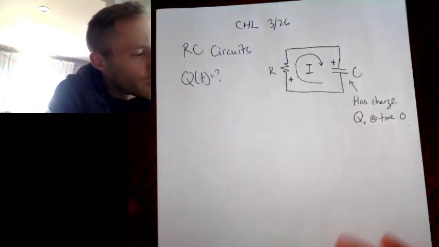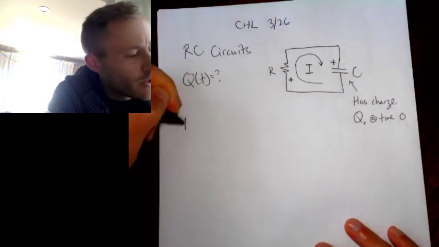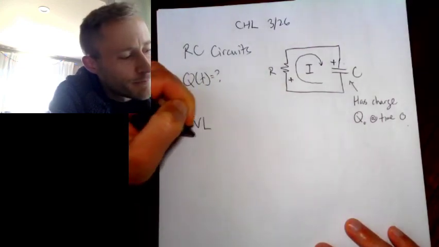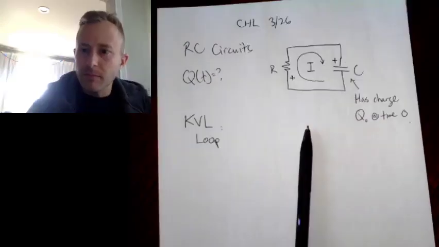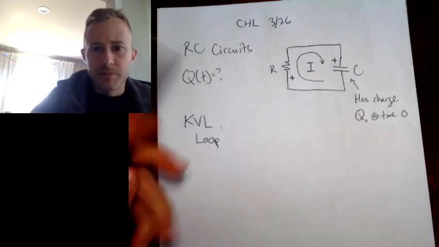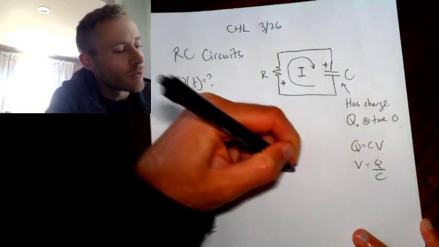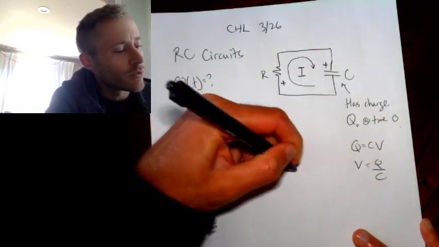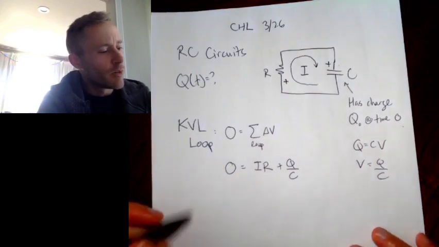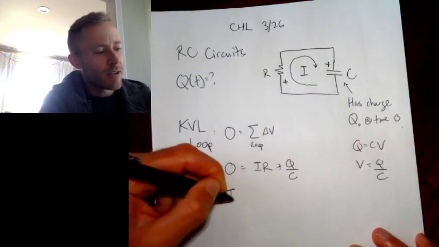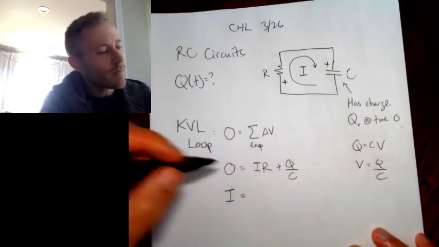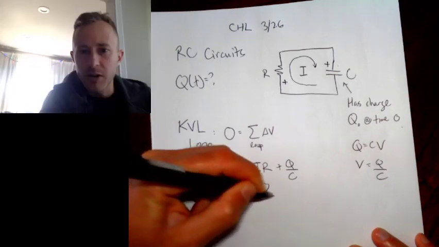Okay? So then I'm going to do a KVL loop. Plus Q over C. All right, so I'm going to rewrite this equation as I equals negative Q over RC.